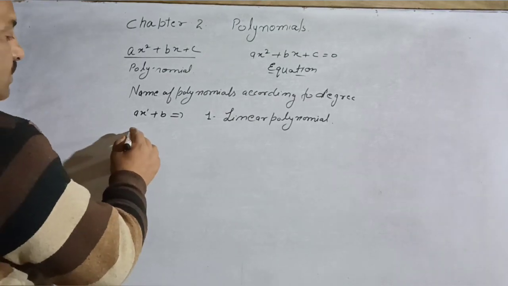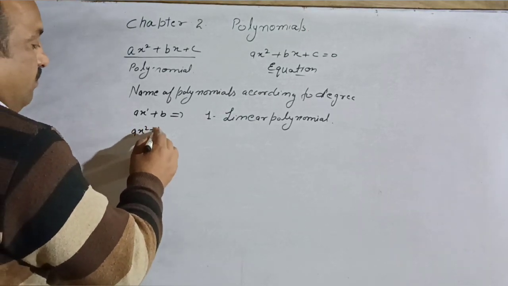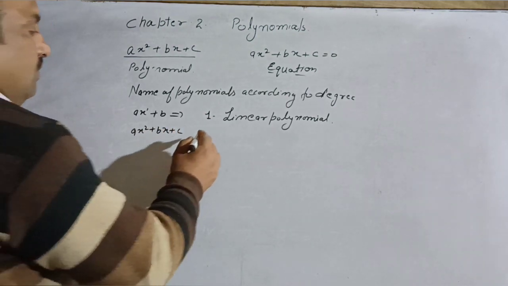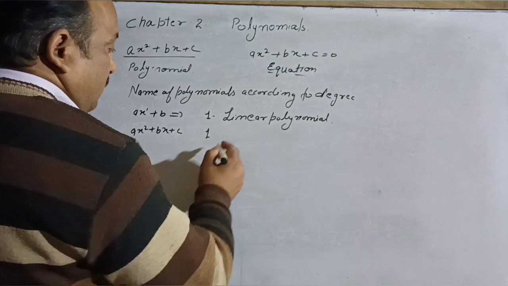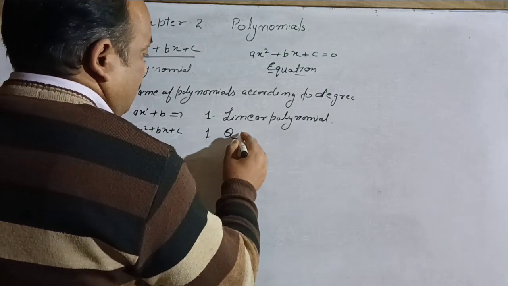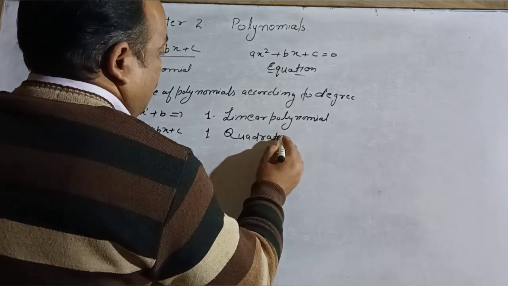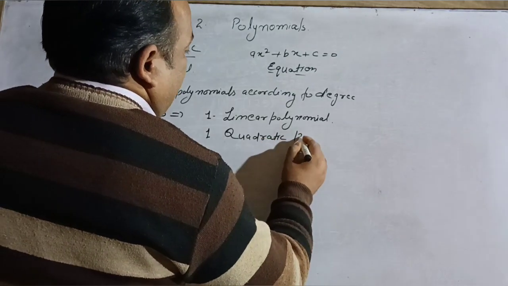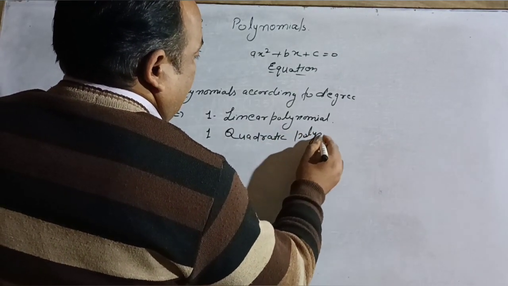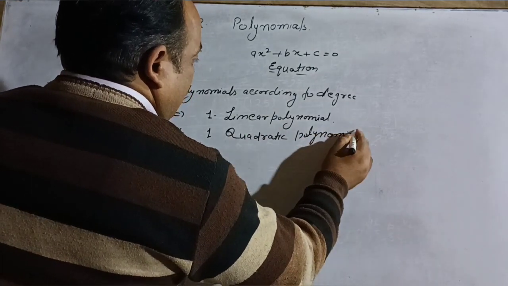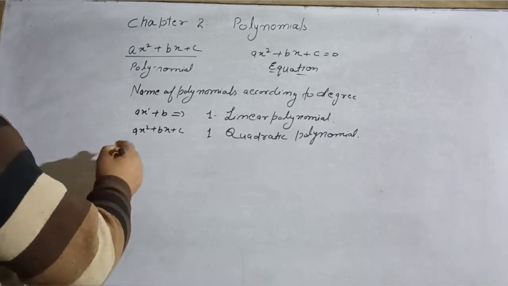Second type, ax square plus bx plus c, is called a quadratic polynomial.